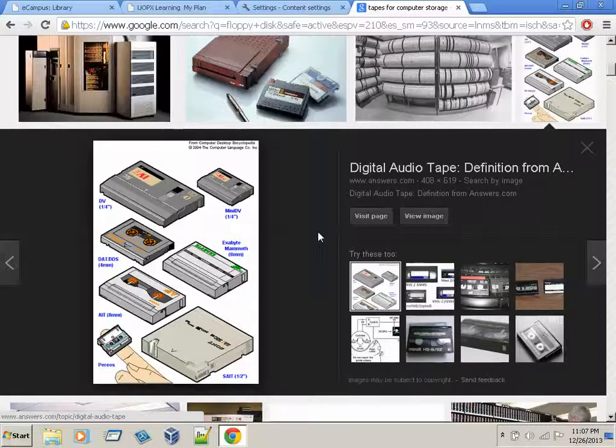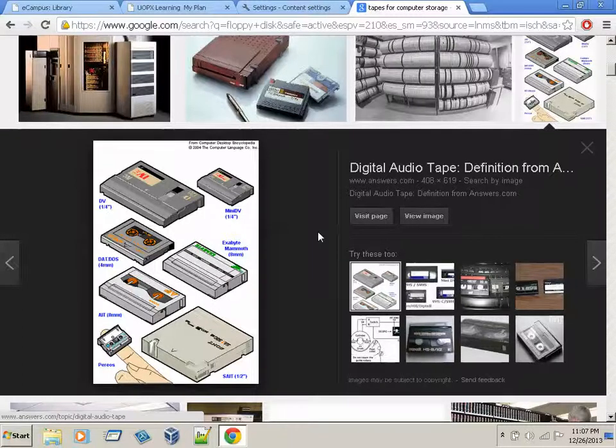They said tapes today are actually the most cost effective. They can hold about a terabyte or so of space on a tape. If you want to back up your files, you can get either an external or internal drive for a tape.